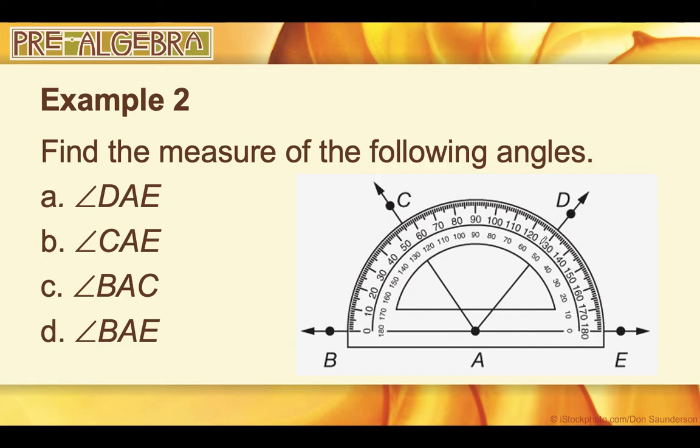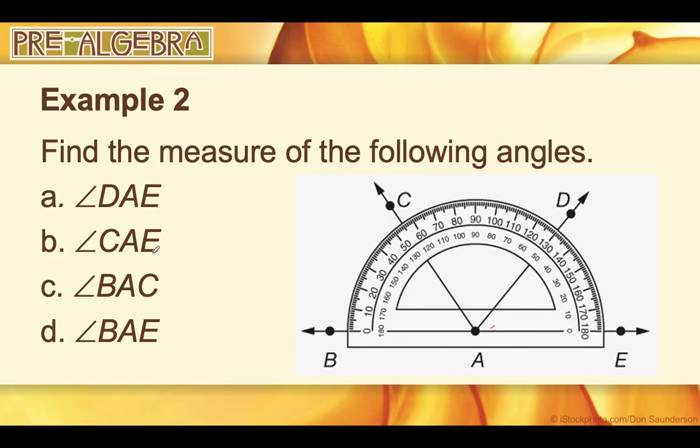We have angle DAB, and angle EAB. We also have angle DAC, angle CAE, and angle DAE. So make sure that if you're given multiple angles like we are right here, you can't just say angle A. Which one are you talking about?